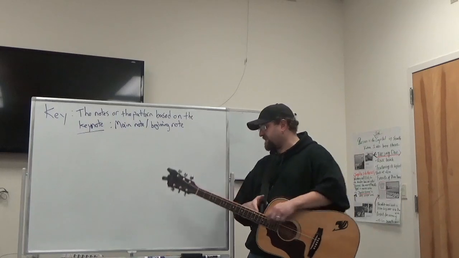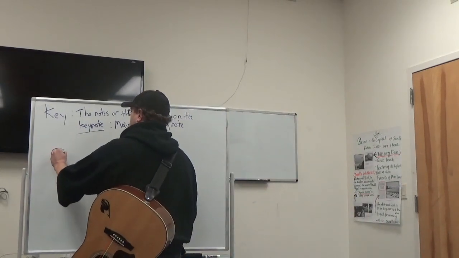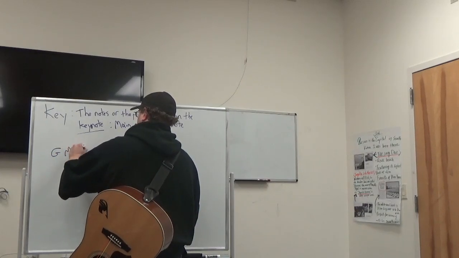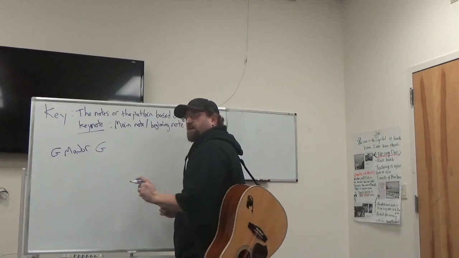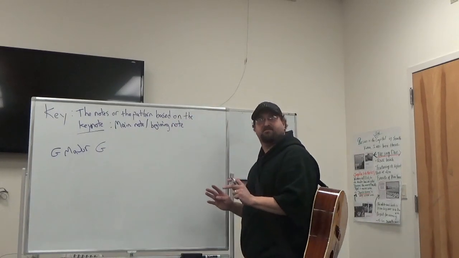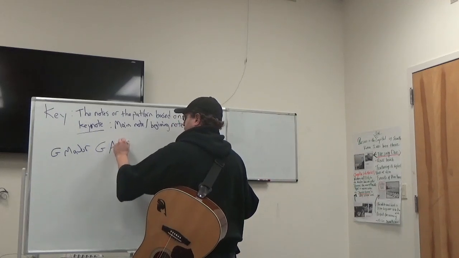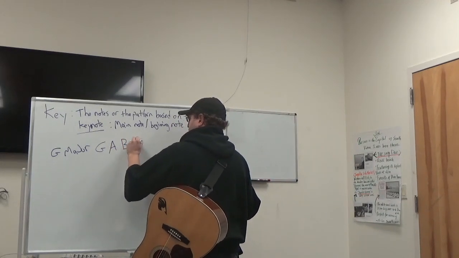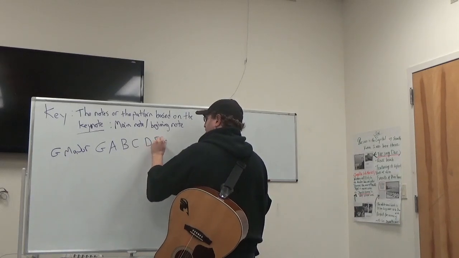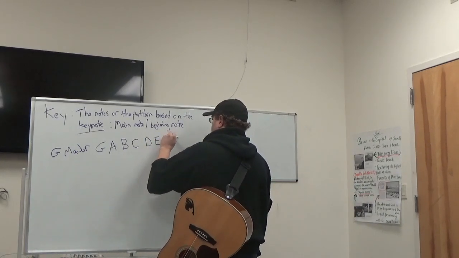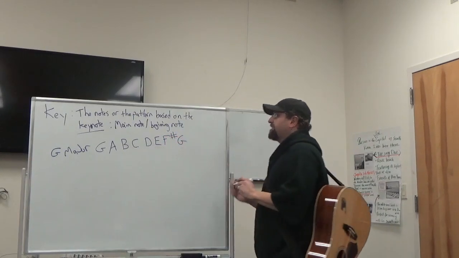So we're playing in the key of G. In our G major, the notes that we have are G, big shot, right? No one saw that one coming. A, B, C, D, E, F sharp, and then G again.